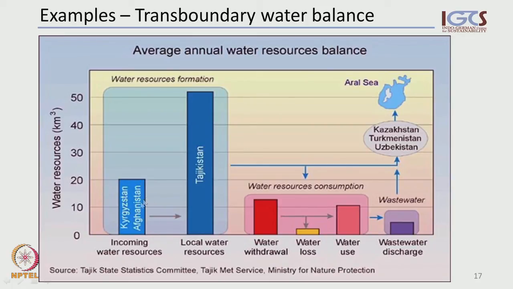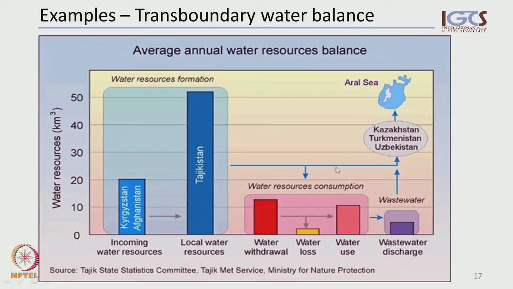The water resources available in two countries in the Asian region, and the amount that has been passed on to the country of interest. So the sum of the two water resource columns here would be the amount of water available in this country.